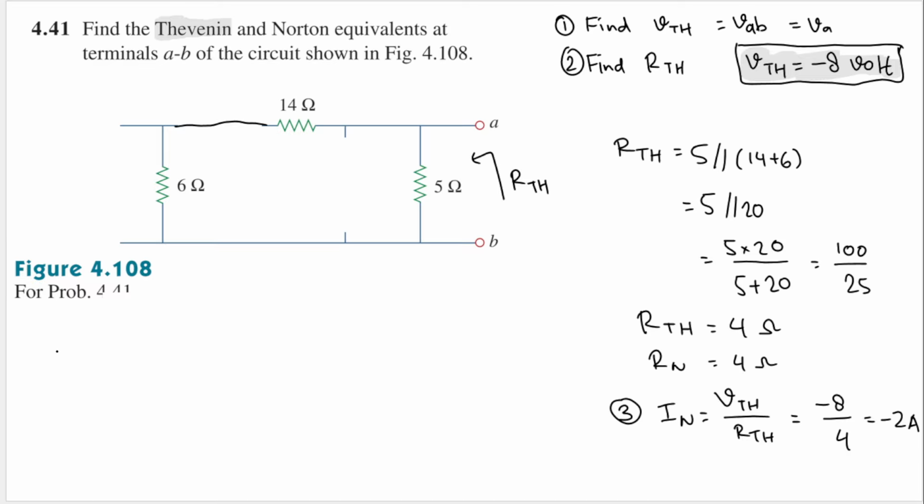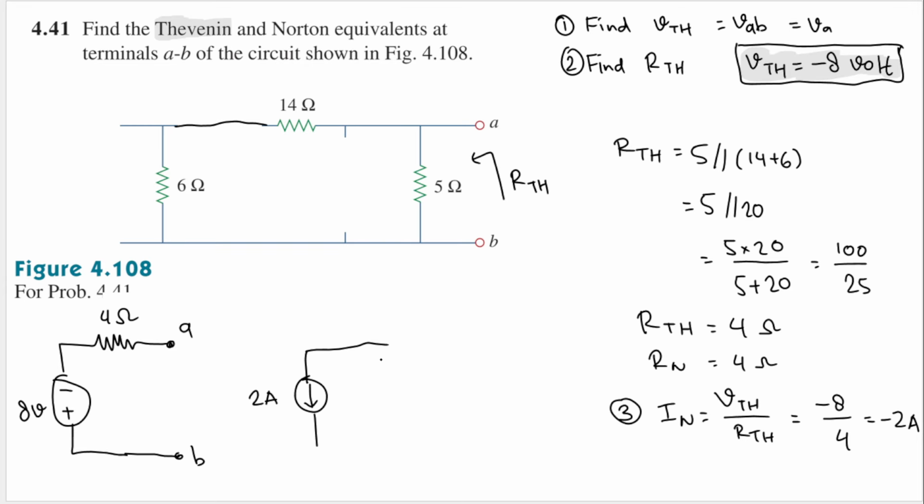So for the Thevenin circuit, I will have minus 8 volt. So the sign will be like this, minus, and 8 here, and we will have 8 volt, the value. And then the resistance is 4 ohm, and this is A and B. Okay, and then for the Norton, the current is going down because the value is negative and the magnitude is 2 ampere, so I will have 2 ampere like this.